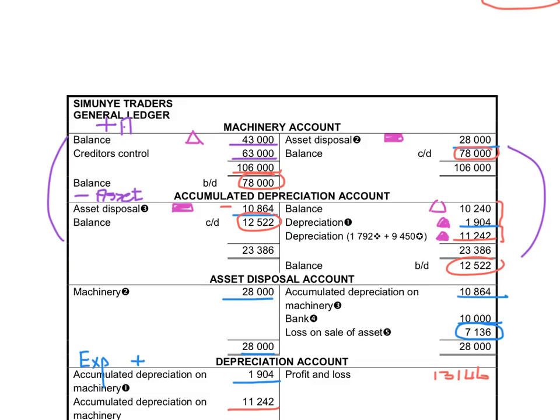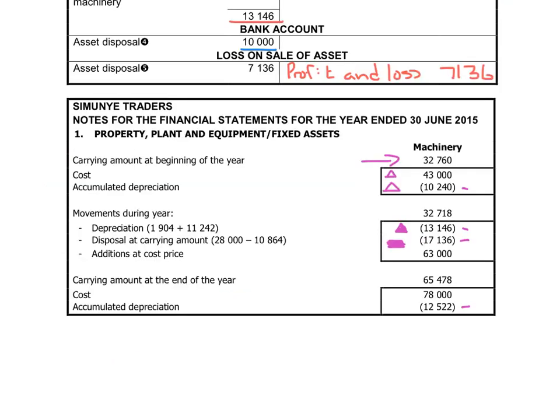We purchased an additional asset for 63,000, so we have to show in our note that the assets increased with 63,000. And there's an addition of 63,000, and this is a positive figure because it will increase my assets.